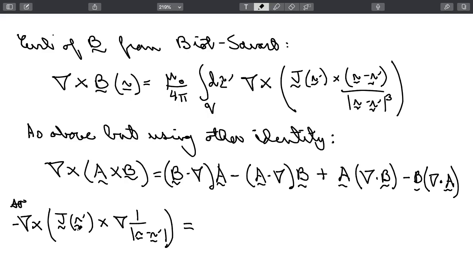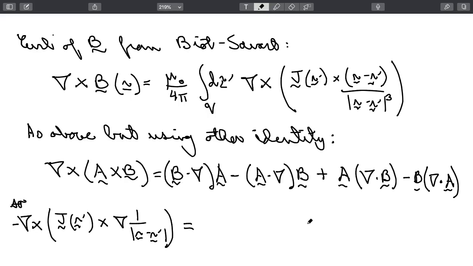Let me call this one A and this one B. Each time I have this operator applied on A, I get 0. So this first term would be this operator applied on A, but A does not depend on unprimed coordinates. Therefore, this thing is 0.